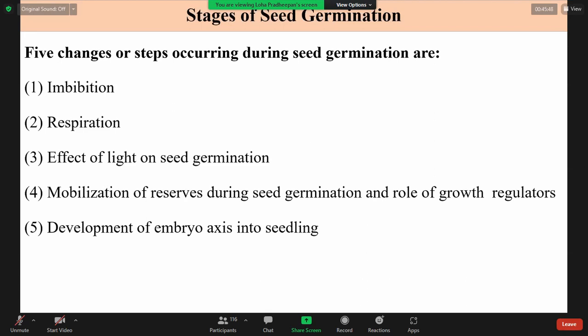So even the seed is having the food reserves. If it is in a complex compound, that should be converted to a simple compound, like carbohydrate or protein, the food reserves.